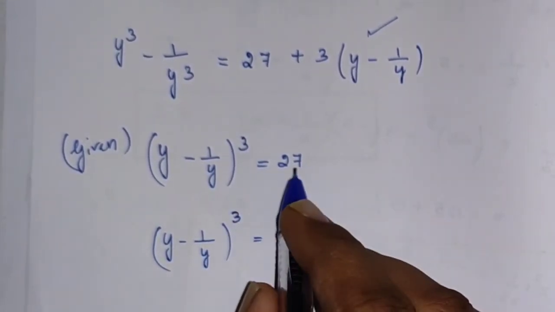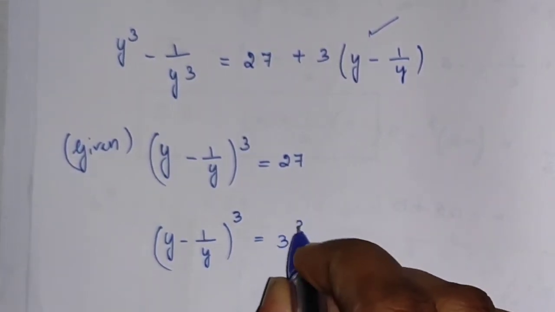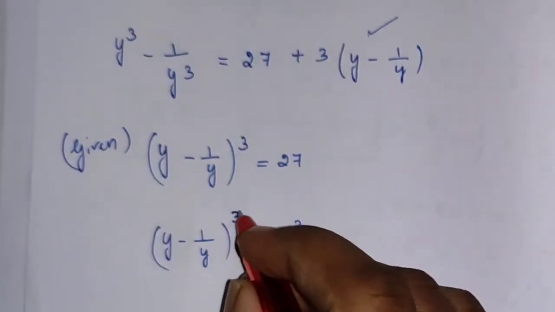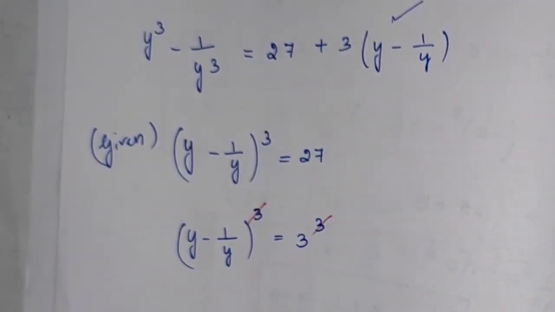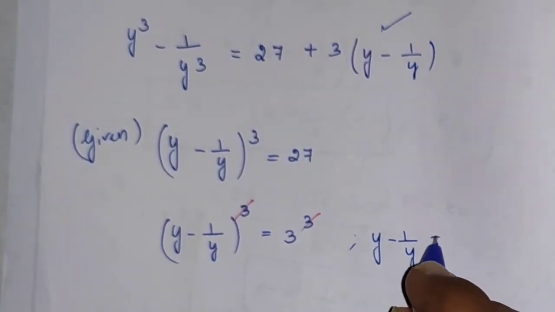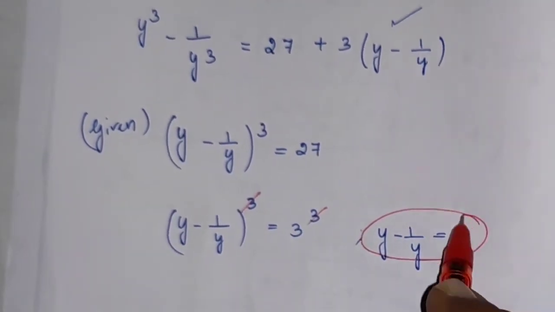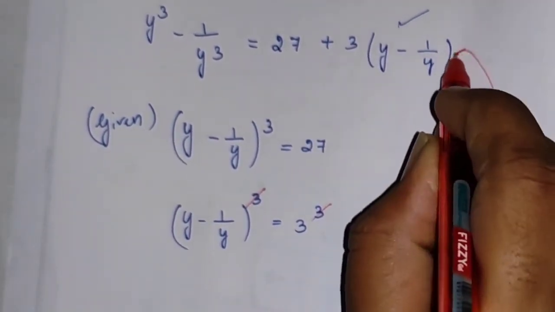This 27 can be written as 3 into 3 into 3, that is 3 cube, which is nothing but 27. So cancel these 3's, therefore we can find the value of y minus 1 by y, that is nothing but 3. Now substitute this value over here.